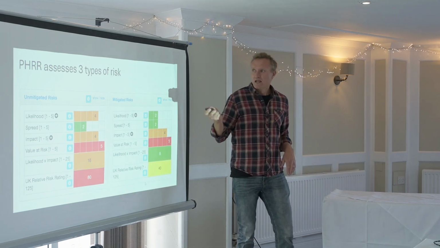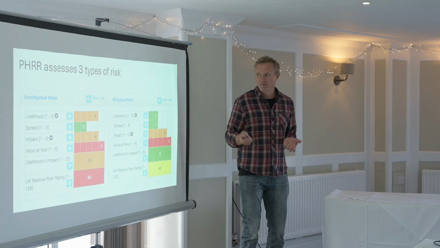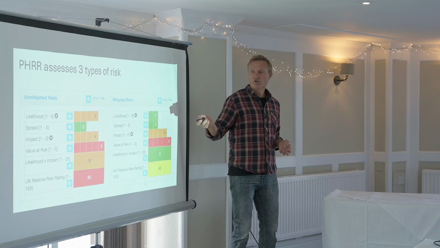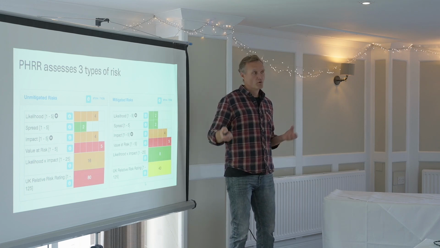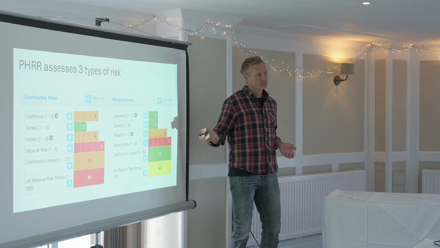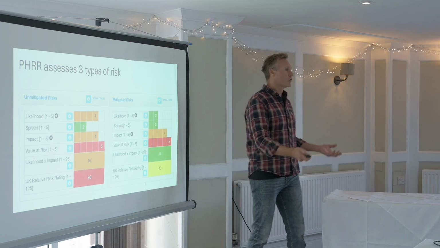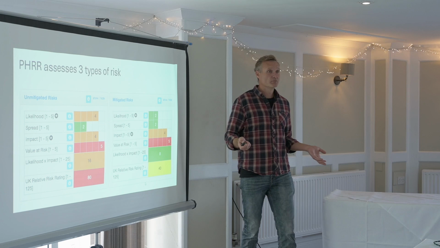Okay, this is a qualitative assessment of the risk of three things. Firstly, the likelihood of arrival, the likelihood of spread once it's arrived in the UK, and the impact, the damage that it will do. It also estimates the value of the plant resource which is at risk.